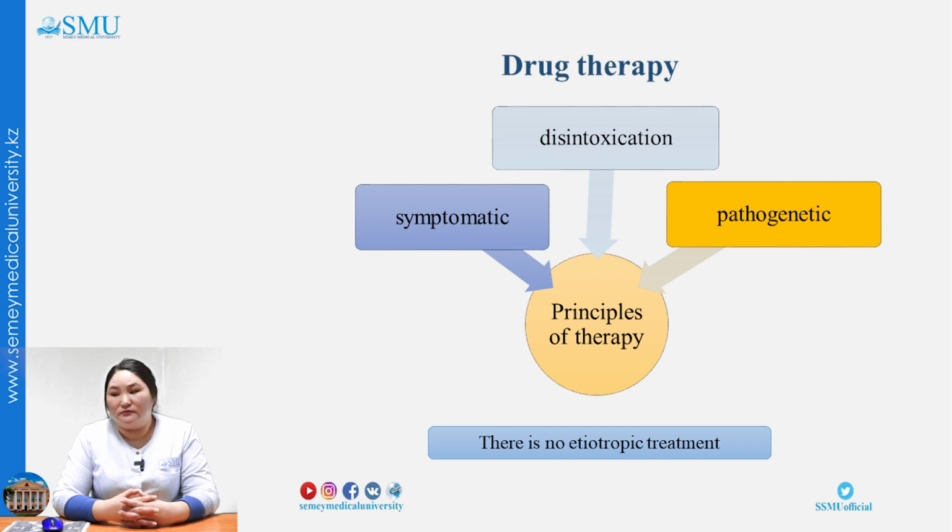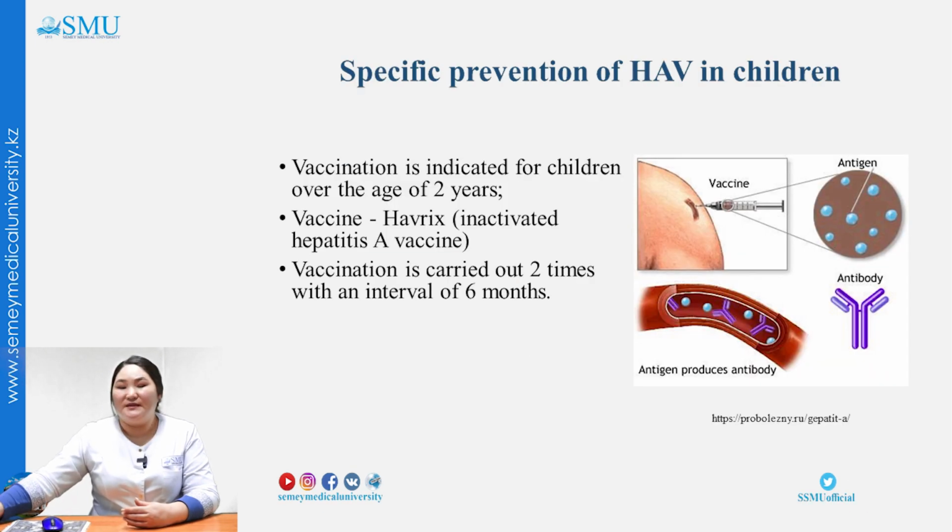Even if the function of the liver is damaged, we don't need to use any medications. Only in rare cases, for example, to relieve fever, we can use antipyretics. That's all. And there is no specific etiologic treatment.